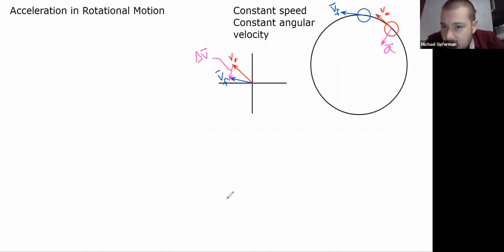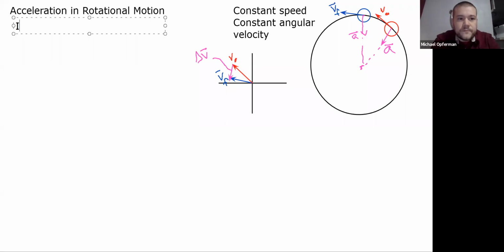And you'll notice where that vector points is back towards the center of the circle. That's a general property that is true throughout the object's motion: if it's moving at constant speed, the acceleration vector is going to point back towards the center of the circle.